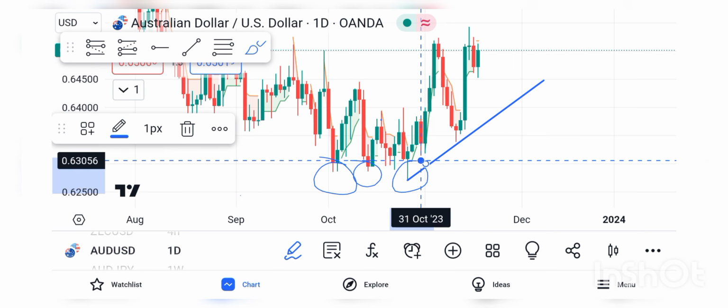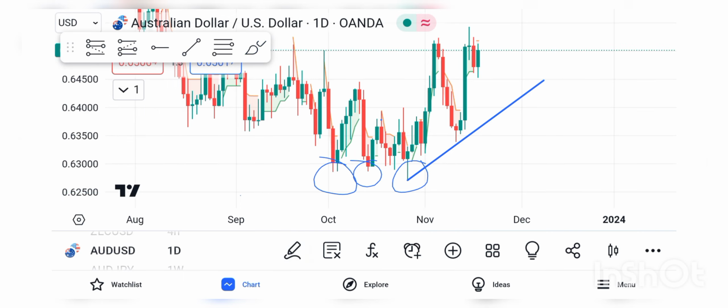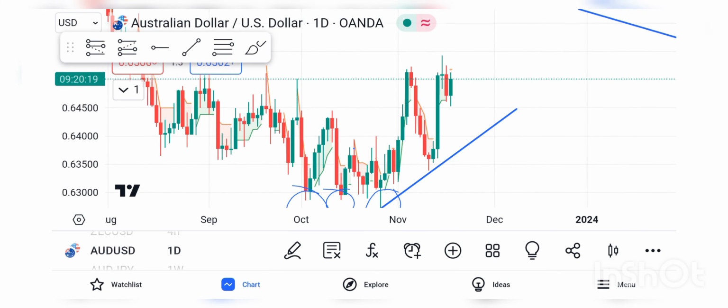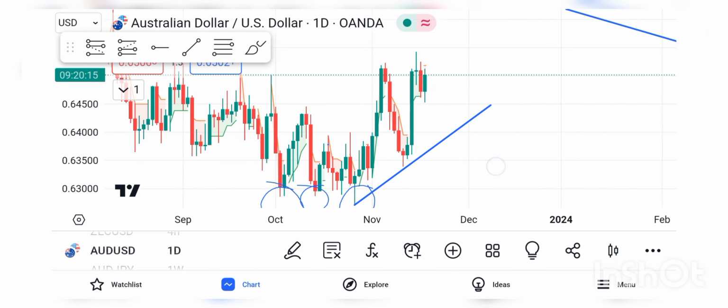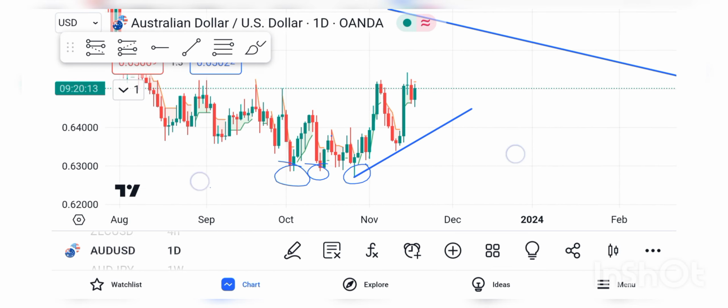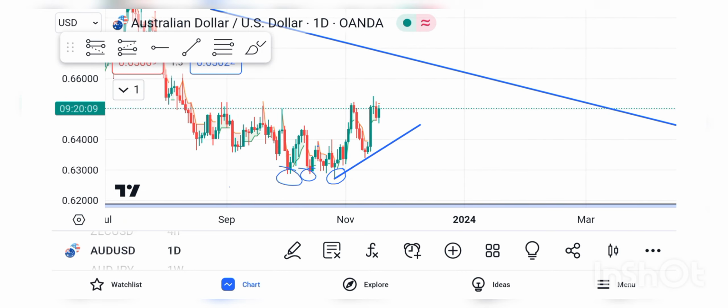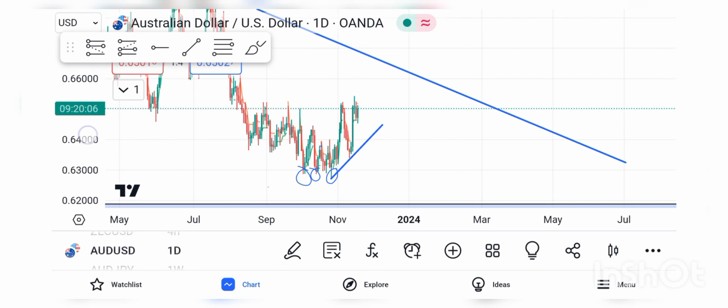So we are seeing a triple bottom formation on the daily time frame. Okay, so we'll just look at that as a sign of retracement, not reversal yet. It's not been confirmed as a reversal.